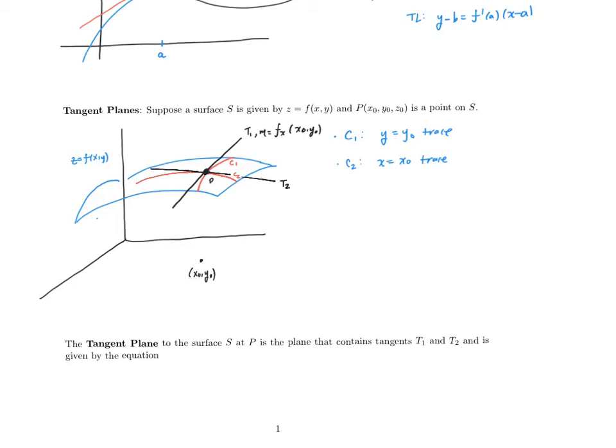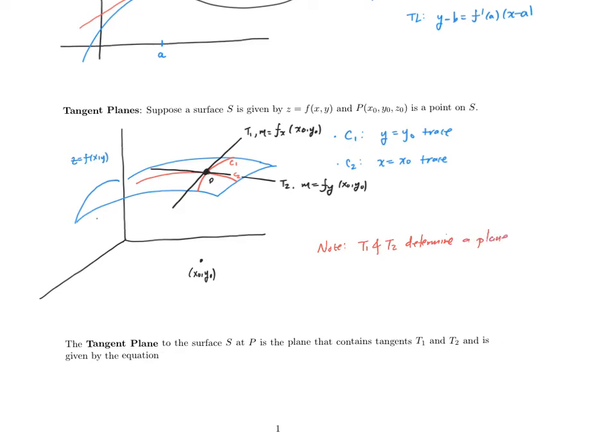We call that T2, and the slope of the tangent is the partial with respect to y at (x naught, y naught). And the observation that we can now make is T1 and T2, these lines that intersect at the point P, determine a plane. So T1 and T2 determine a plane.